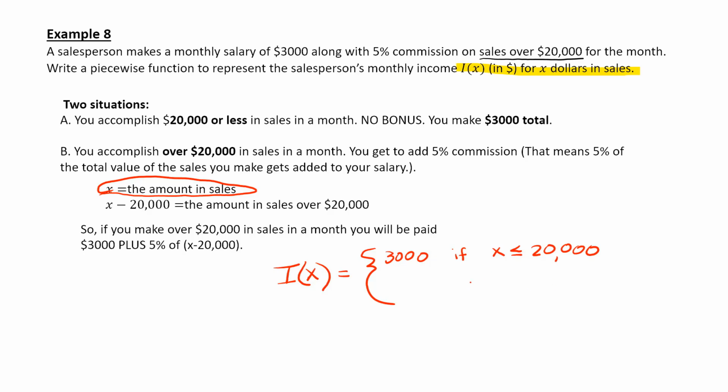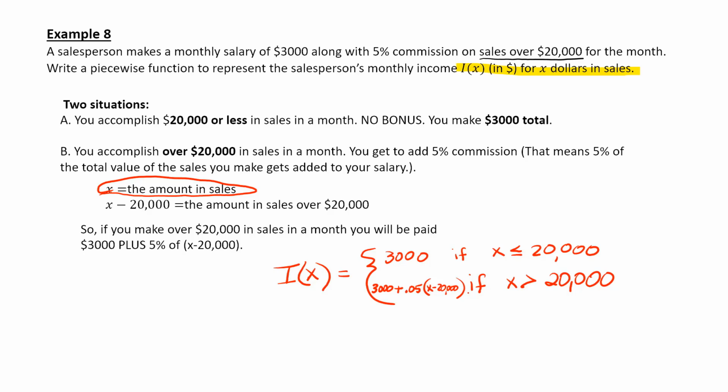However, if you sell over $20,000 worth of merchandise, if X is more than 20,000, then you're going to get your $3,000 plus 5% of the amount you sold over 20,000. So that's going to be X minus 20,000.